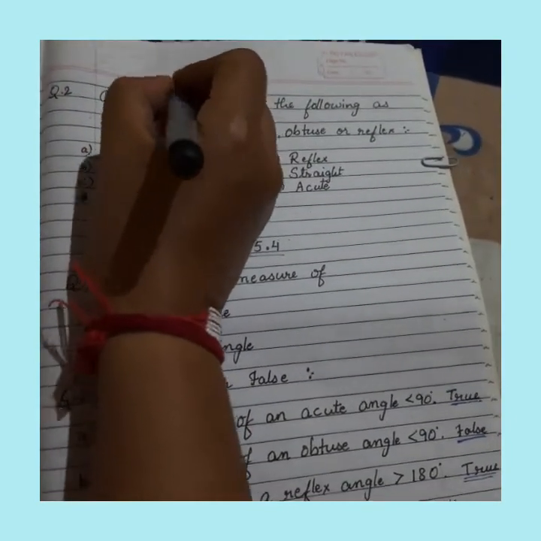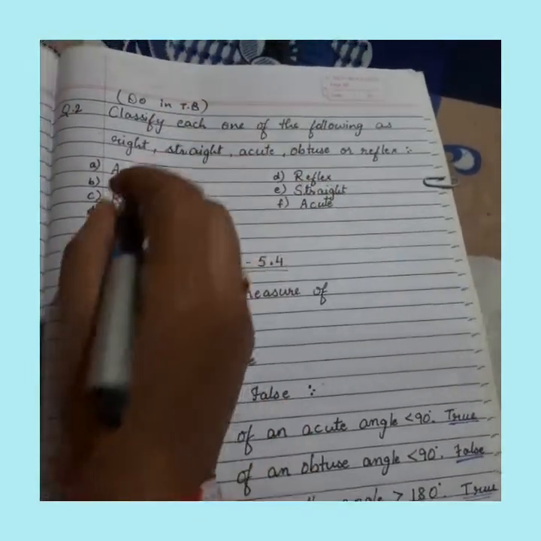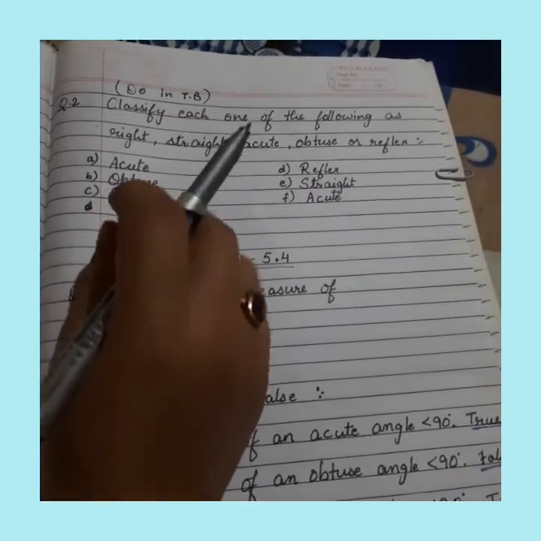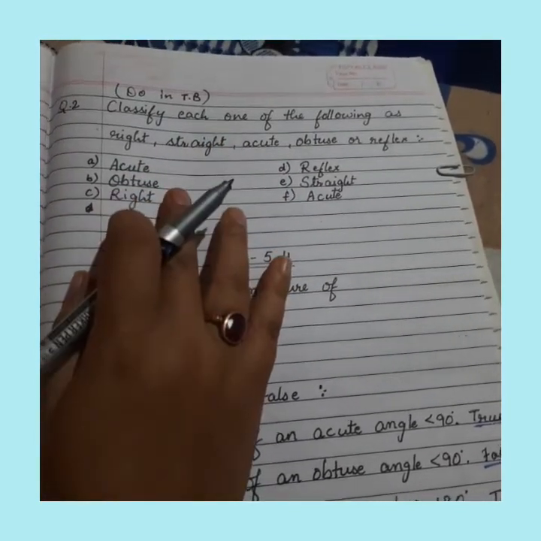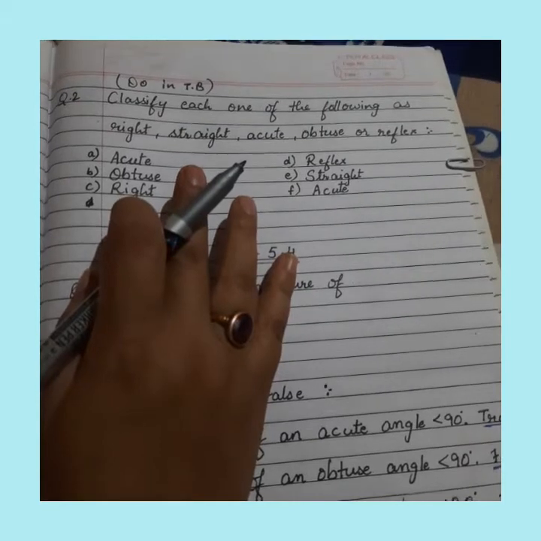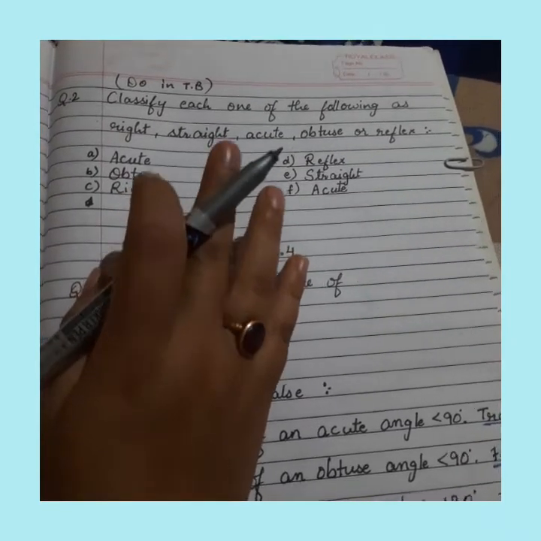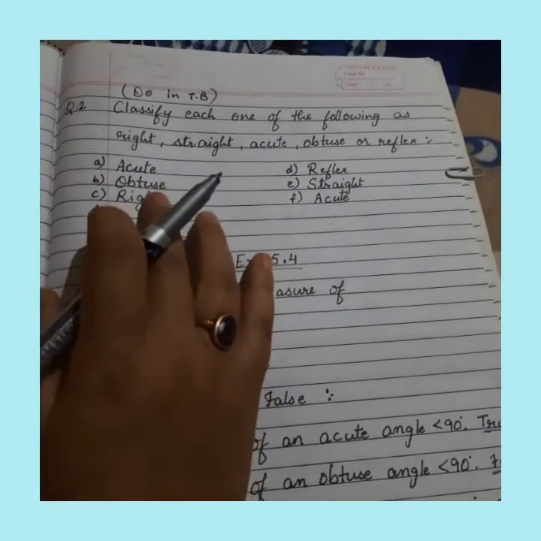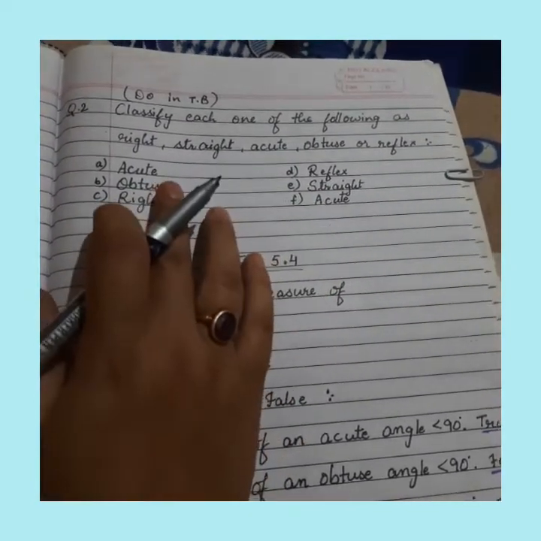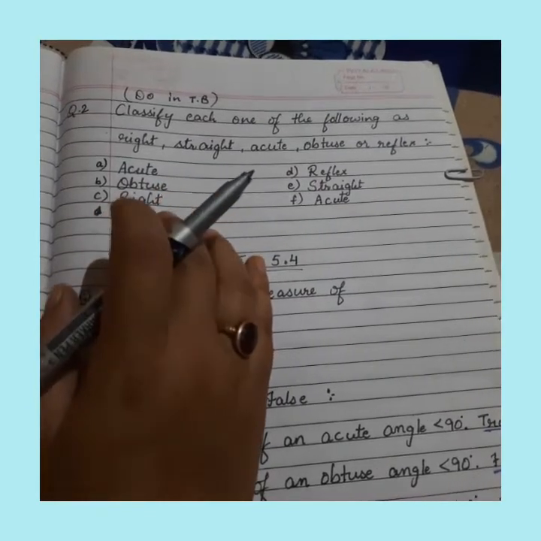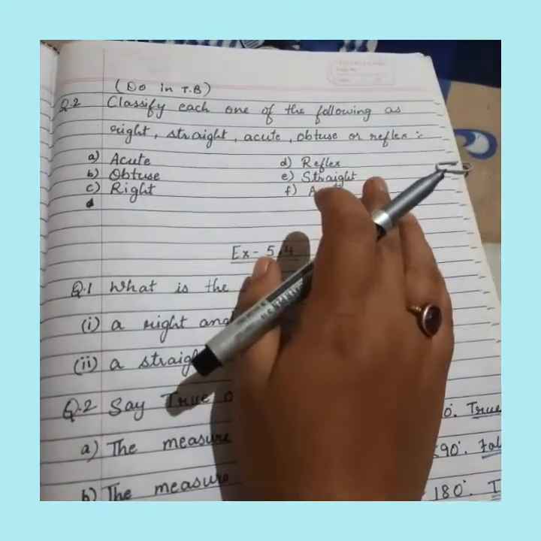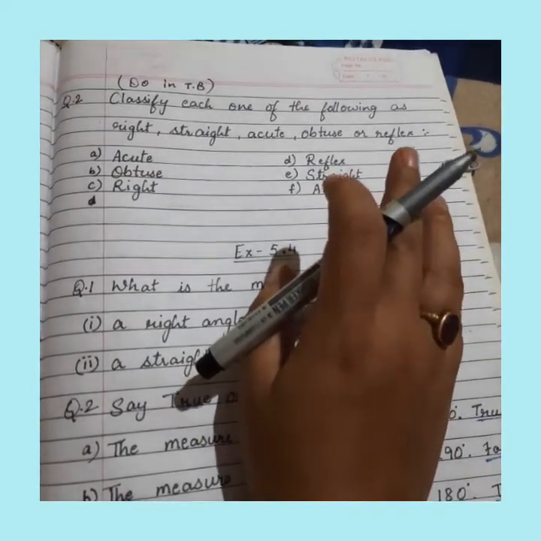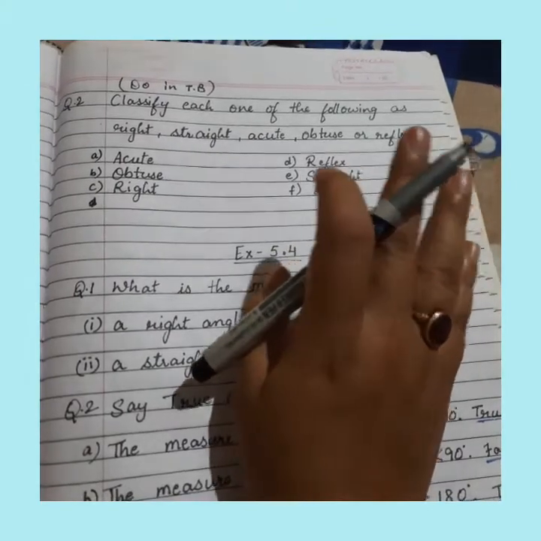By seeing the angle and knowing its measurement, you can be very comfortable saying the answers for those figures. So I have written the answers here. First one is acute, then obtuse, right angle, reflex, straight, and then acute angle. So you have to write this down in your textbook, not in your notebook.